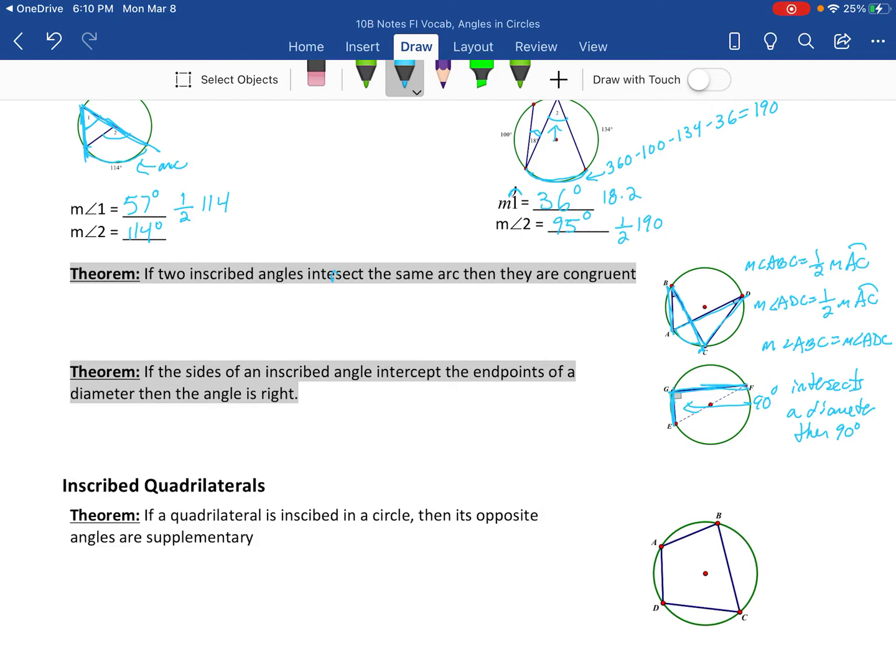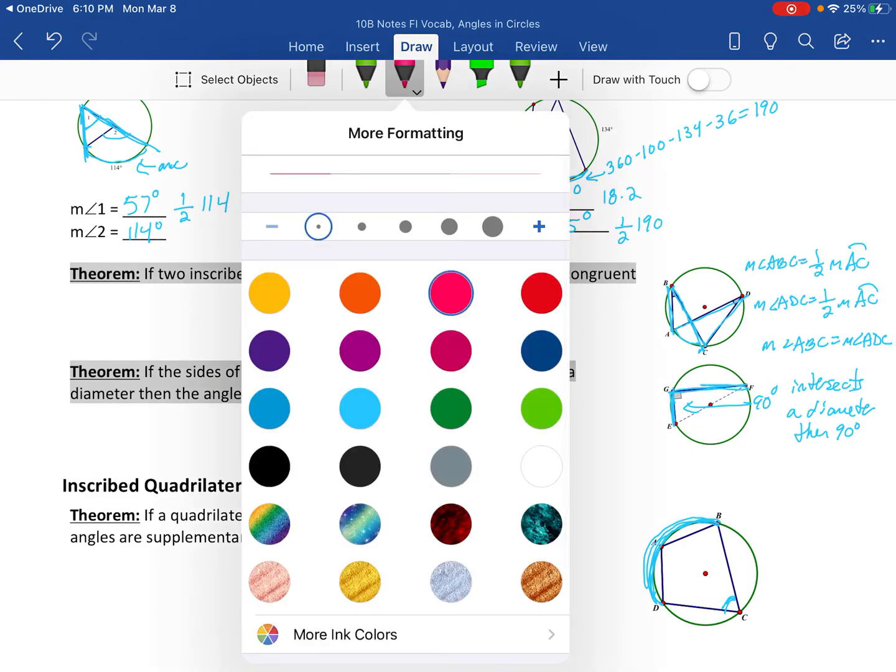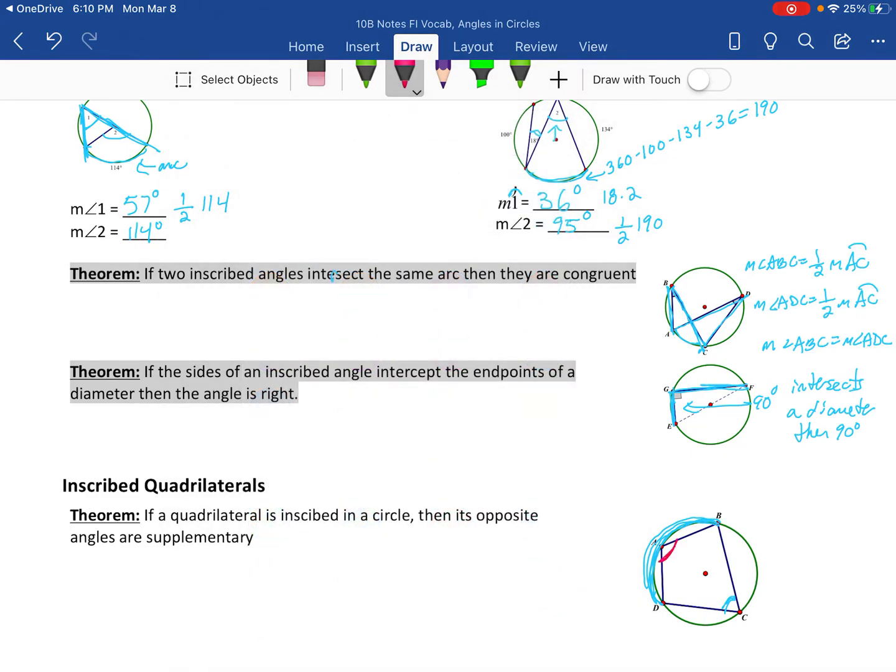Okay. And the last one is, if a quadrilateral is inscribed in a circle, then its opposite angles are supplementary. So first thing I want to look at is this angle is half of this blue arc here. And I also know that this angle, because it's inscribed, is half of this arc right here.